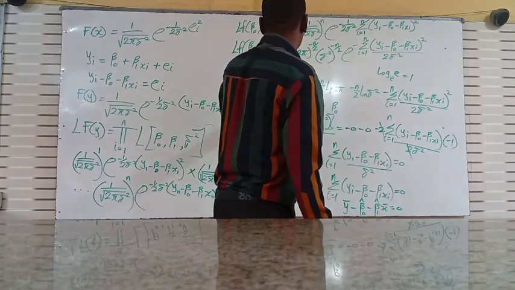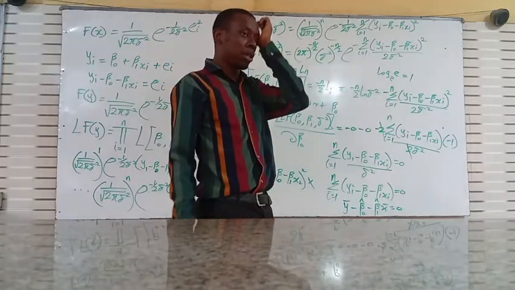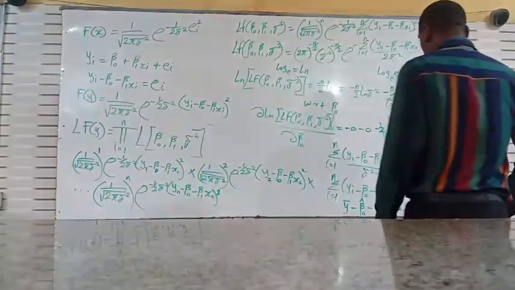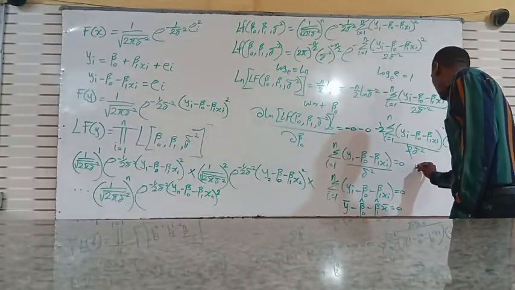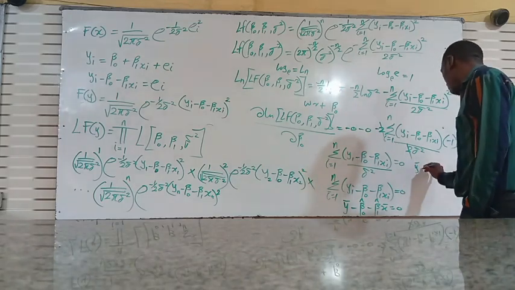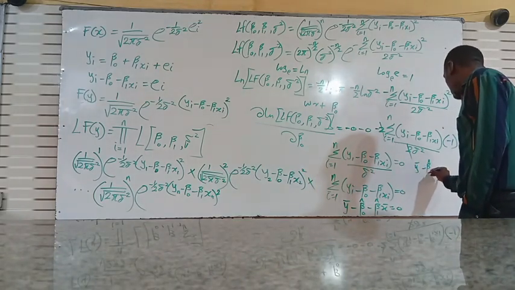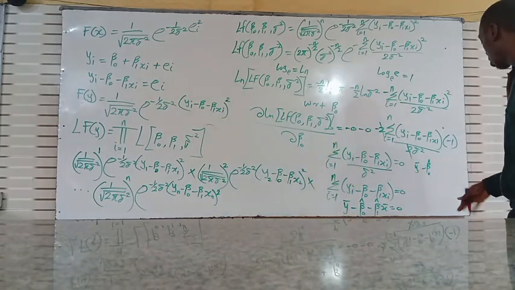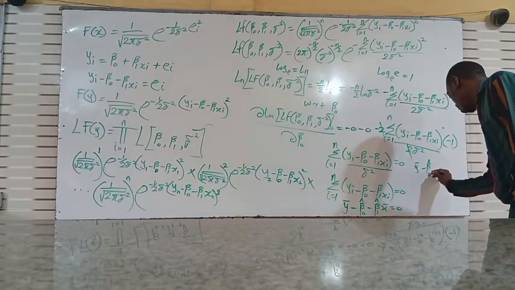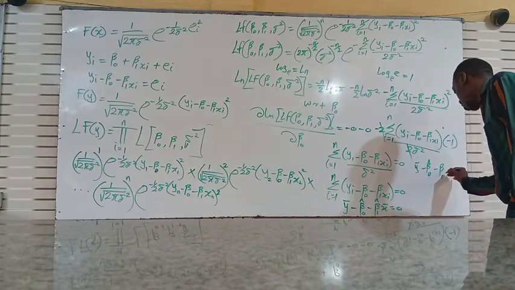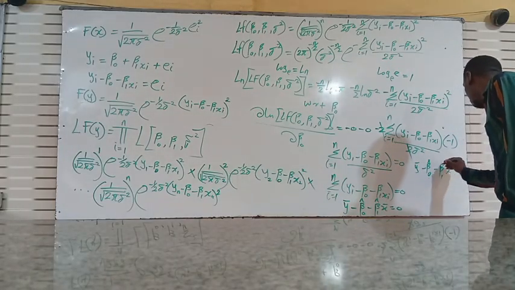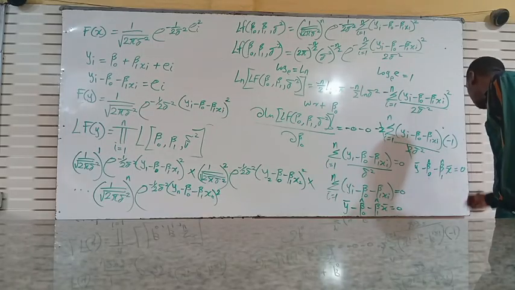And because I'm working on b naught, I'm going to make b naught the subject. So I now have y bar minus the estimate of b1, the cap indicates an estimate, times x bar.